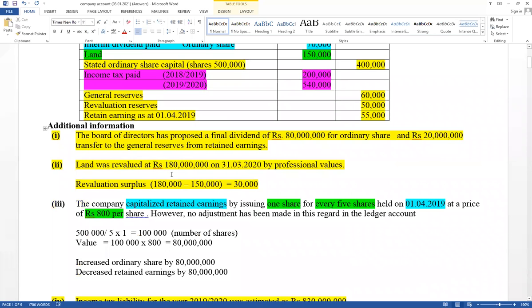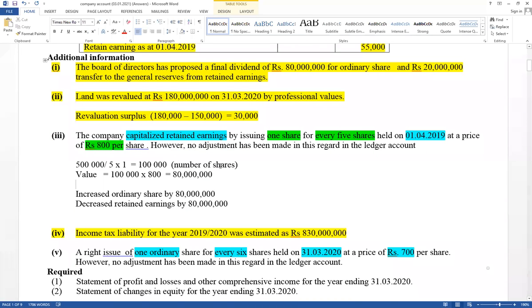Based on the money measurement concept, value should be recorded. Therefore, divide by 5 into 1. That is a number of shares equal to 100,000 issued as reserves capitalization. Per share price is given 800. Therefore, 100,000 into 800. This is the value. What is the net impact? Ordinary share increase, retained earning decrease. Therefore, values in 1000 equal 80,000.